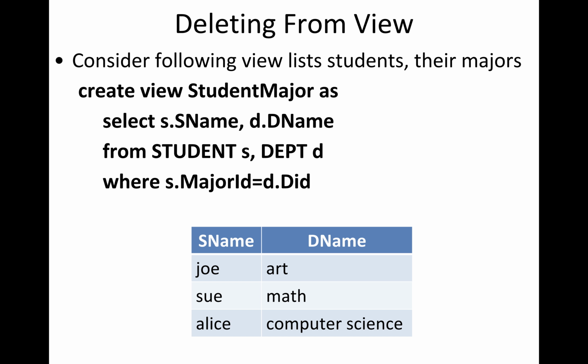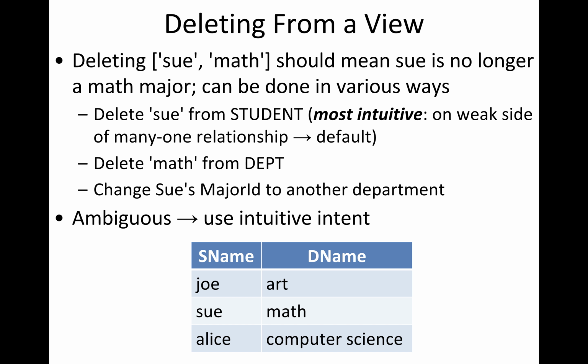Here's an example where we have a view that we have extracted: the student name and the department, joining the student and department tables where the majors match. So here's a view that conveniently brings together data from the student table and the department table where they match. Joe in art, Sue in math, and Alice in computer science.